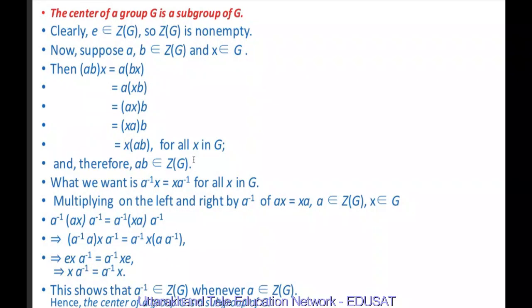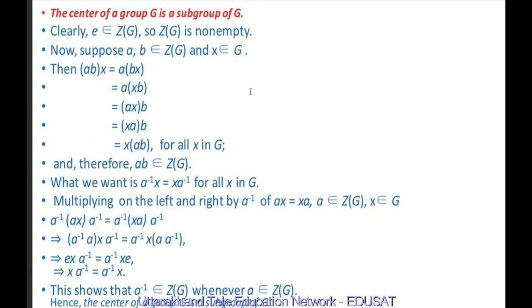I want to remind one thing. To prove any subset to be a subgroup of a given group, we need to prove that if A and B are any elements of a subgroup, then their product is also in that subgroup. If A is any element of a subgroup, then its inverse, A inverse, is also in the subgroup.